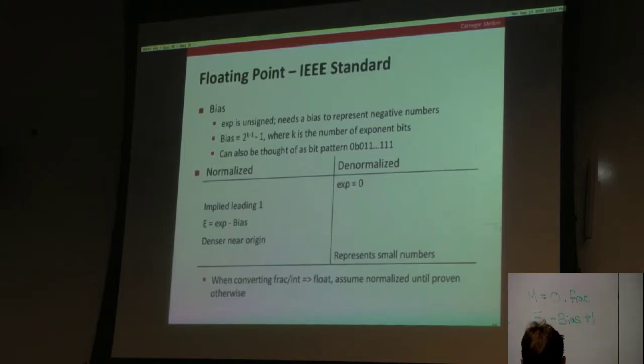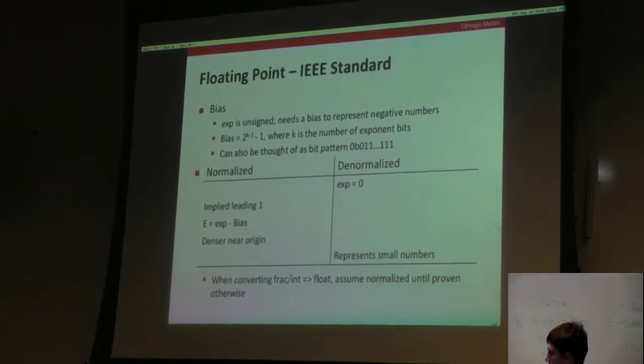And then we're going to have the same formula to actually calculate the value of the number. So now we can actually represent 0, because we have a number that would be all zeros, and that's going to be 0.